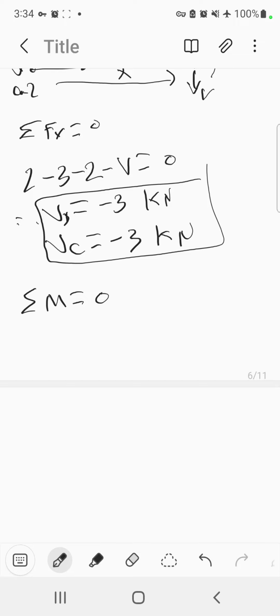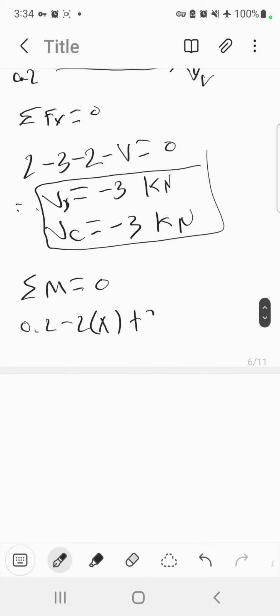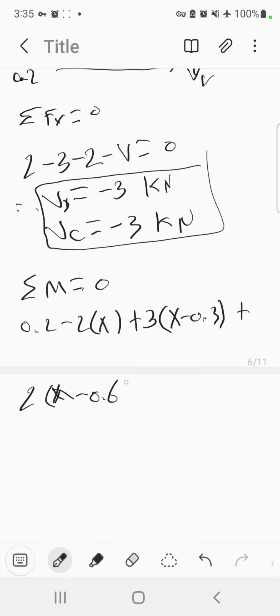So it is like this: 0.2 minus 2 times x plus 3 times (x minus 0.3) plus 2 times (x minus 0.6) plus m equal to 0.